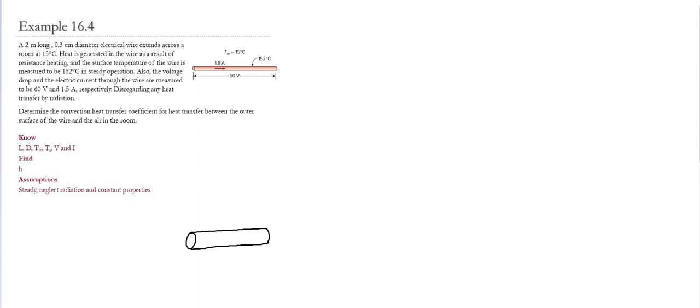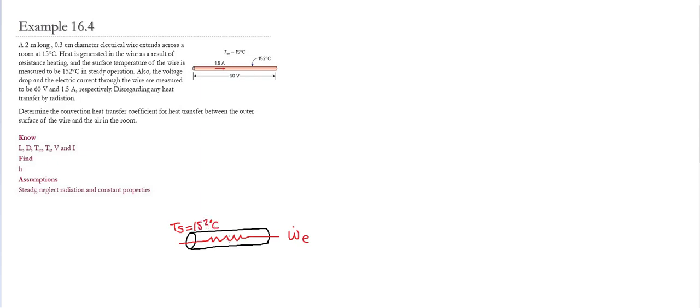and as it was explained, there was a resistance in here, and that resistor has a certain voltage drop and current, and that creates a certain amount of electrical power. That electrical power gets conducted into the wire, and which makes a constant temperature over here to be 152 Celsius.